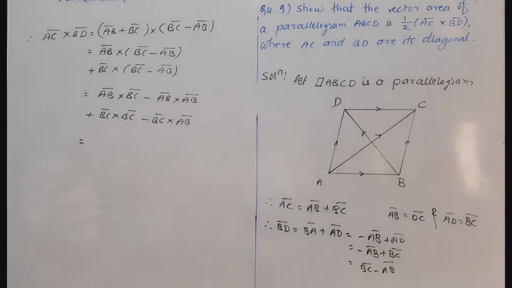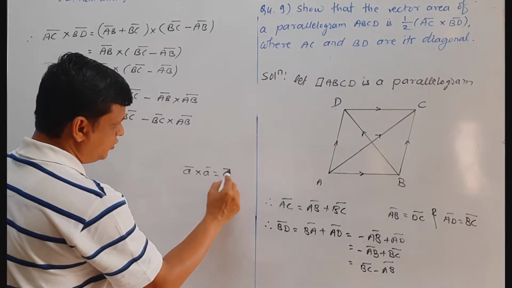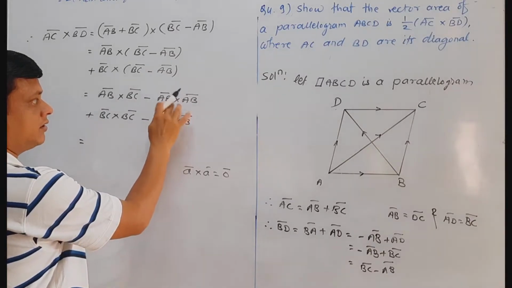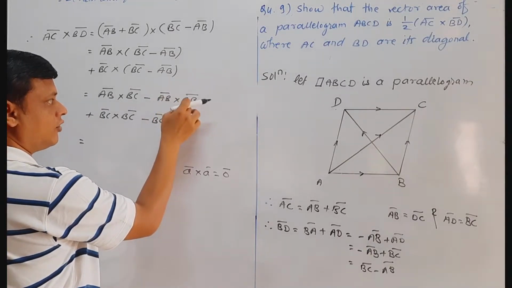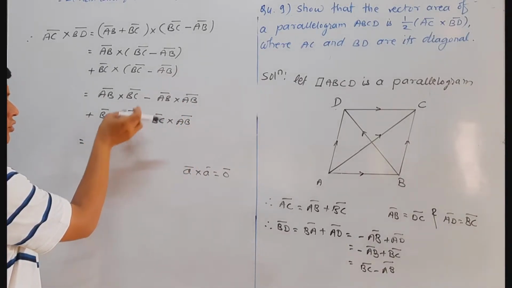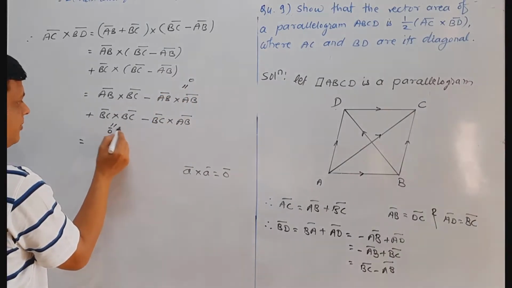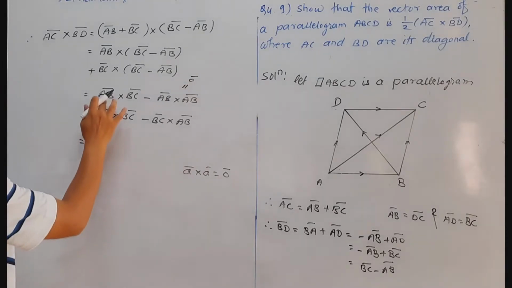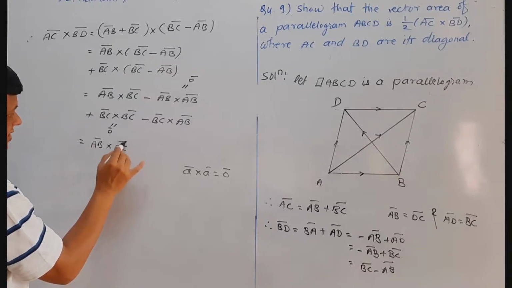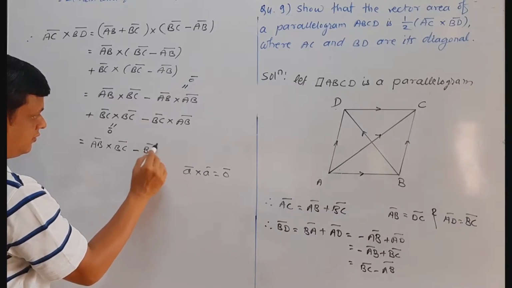By the property that vector A cross vector A equals the zero vector, we replace vector AB cross vector AB by 0 and vector BC cross vector BC by 0. That means the remaining terms are vector AB cross vector BC minus vector BC cross vector AB.